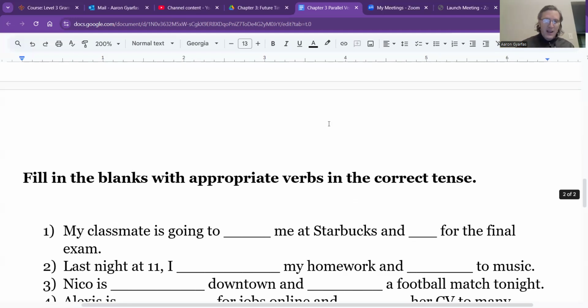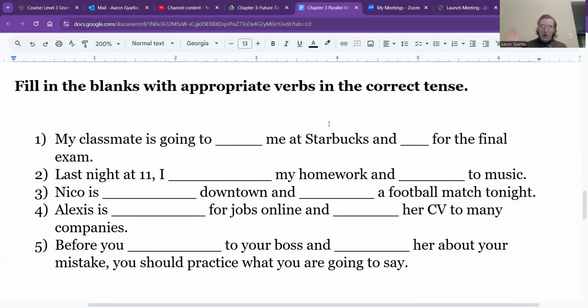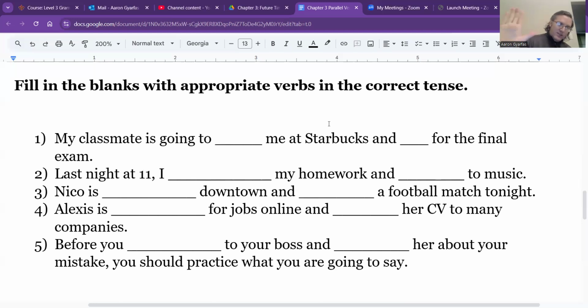Go ahead and try it out. Pause this video, stop the video, decide on some verbs that can fill in these blanks. Pay attention. Is it the base form of the verb? Is it an ing form of the verb? Is it the past tense or present tense form of the verb?